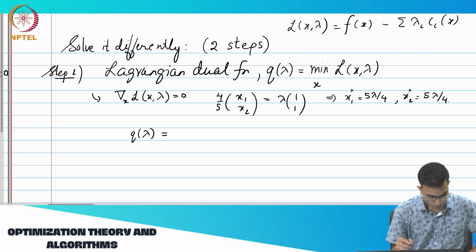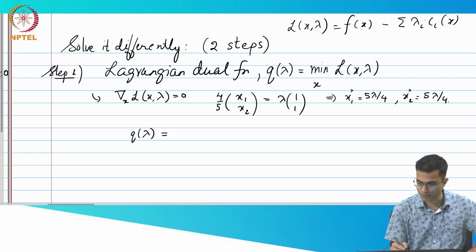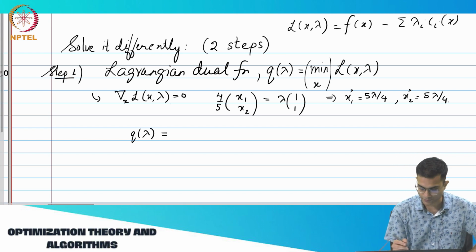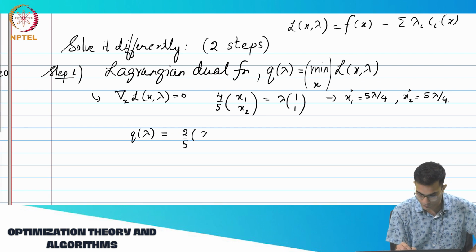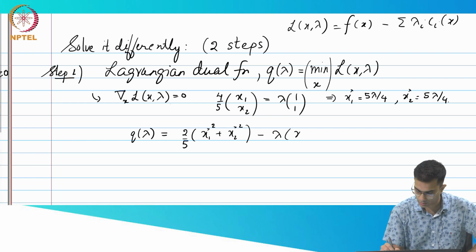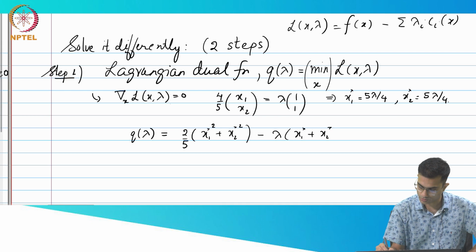minimized, right. So q of lambda is going to be the min part I don't need to write because I've already done it. I'm left with the Lagrangian, right. So the Lagrangian is f of x, so 2 by 5 x1 squared, x2 squared, minus lambda x1 x2 star, minus 2.